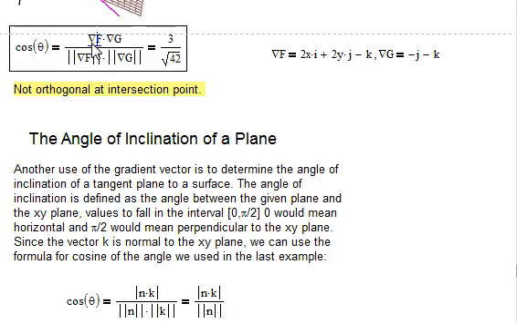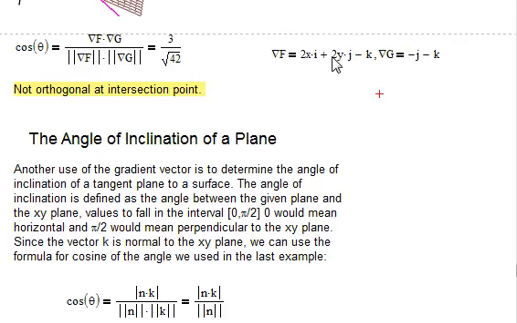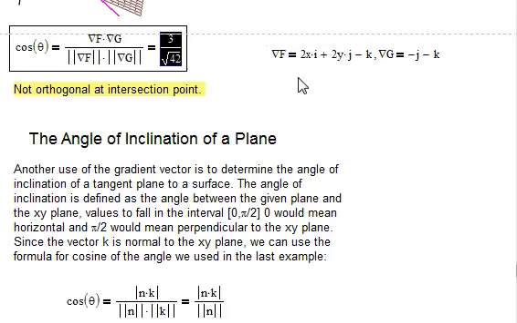Now, the del f dot del g, I haven't done that yet, so don't forget that x is 2, but when we dot that with this, the i's come out to 0, because this is 0i here. So then we're also going to have, now y is -1, so that makes this -2 dot with this -1, which gives us a 2, and then this k, both with -1 coefficients, so that comes out to 2 plus 1, so 3 divided by the square root of 42.